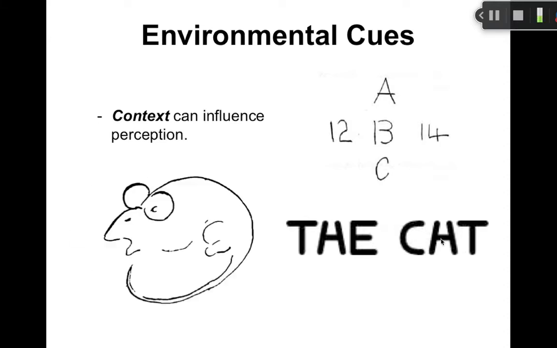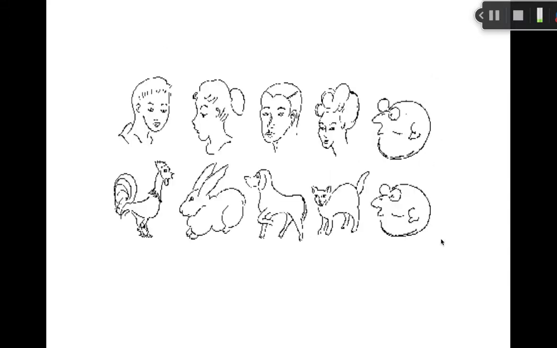Here's another example of an image. So what do you see? All right, let's put it into context. And again, there have been studies that have put objects that seem to be somewhat ambiguous in different contexts, and people reliably report seeing different things. So here's a couple of different contexts.